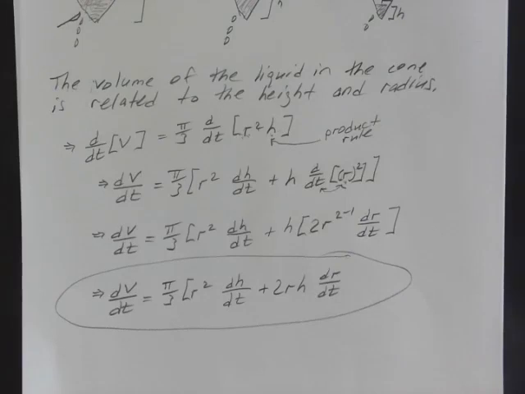So now with this formula, we can find out how fast the volume is increasing or decreasing, which will pretty much tell us just how fast that liquid is leaking out.